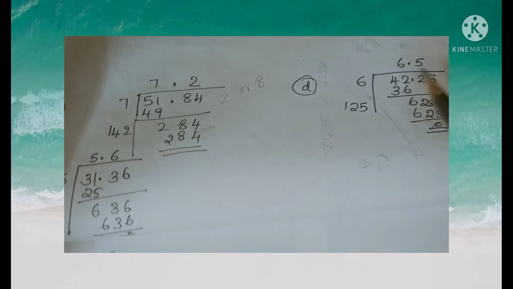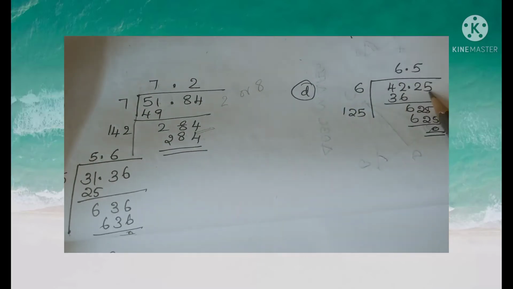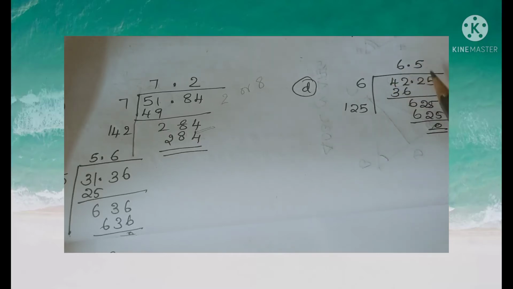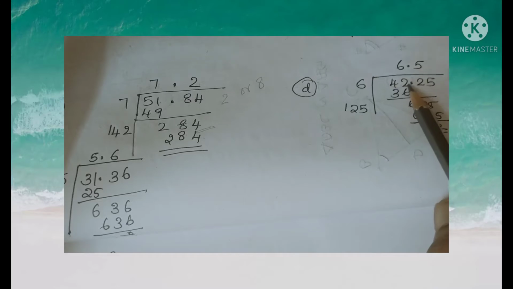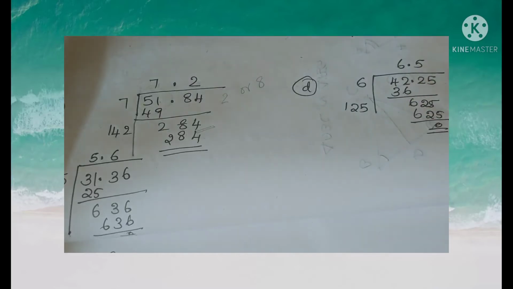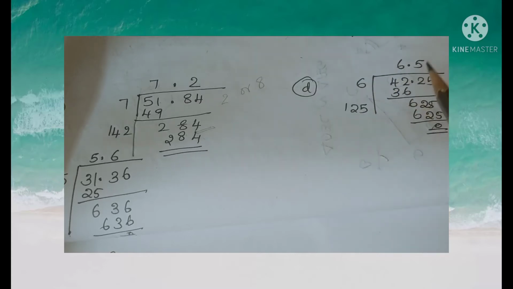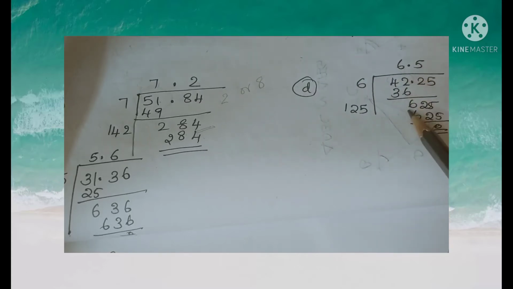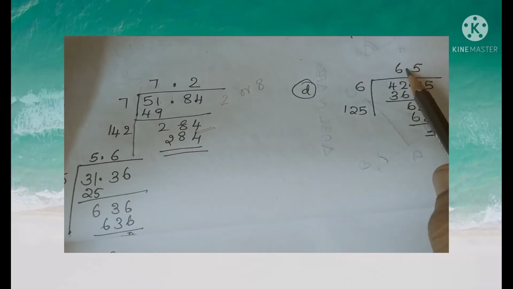Then next, 42.25. Take the groups 42 and 25. 42 lies between 36 and 49, so we write 6 here. 6 into 6, 36. Subtracting, we get 6, write 25, then put the decimal point here.